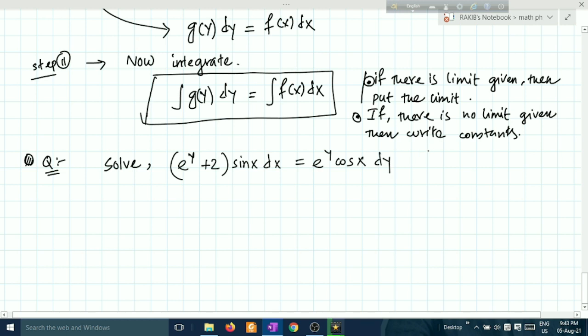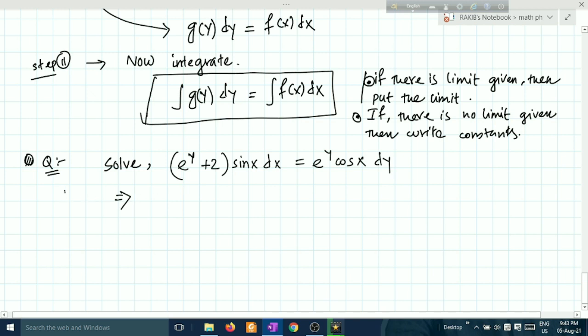This is the differential equation given. This does not look like the conventional differential equation. You have to make it a differential equation by cross multiplication.